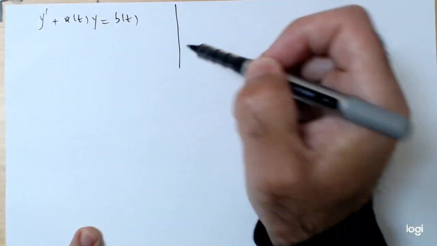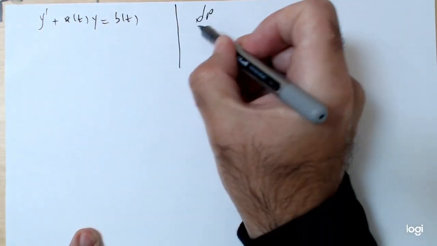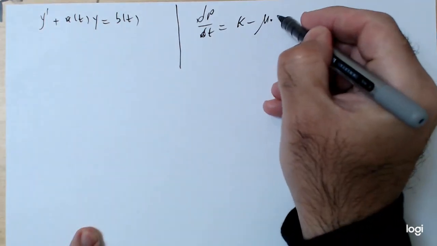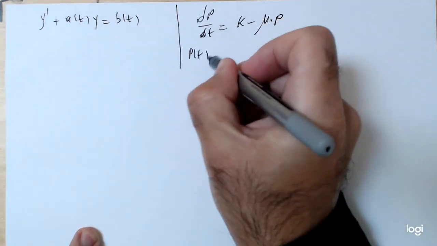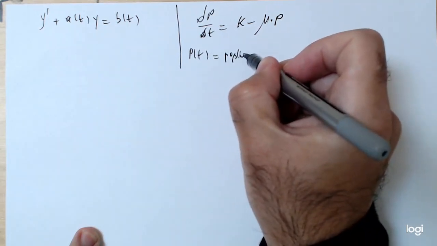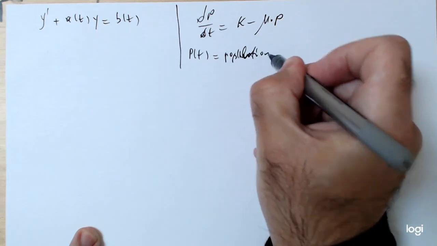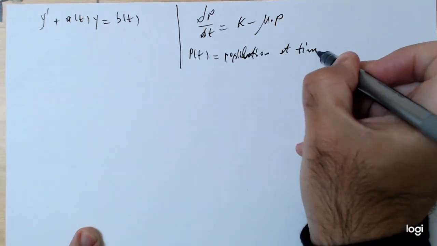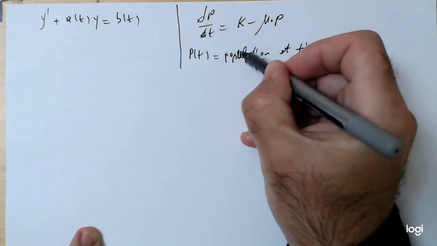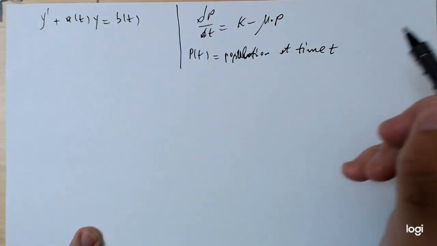So the model I was talking about, for instance, is dp/dt equals k minus mu times p. So this could basically be a population model. P of t is a population at time t.